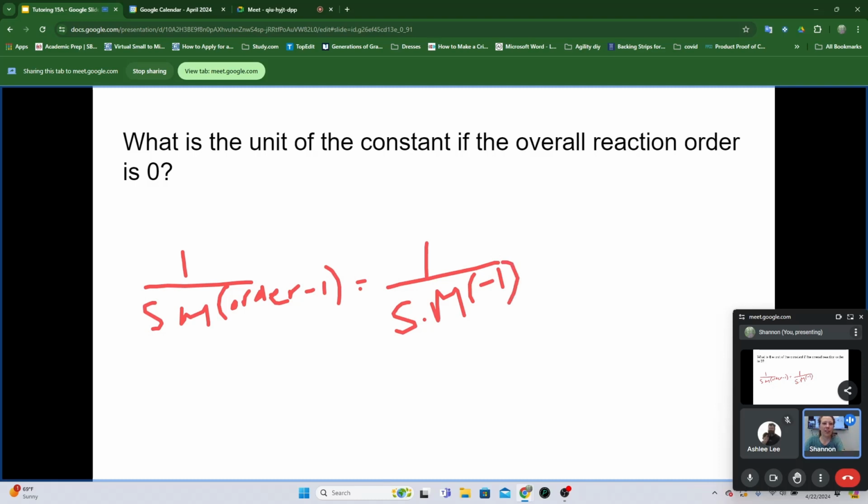Now technically, how you rewrite that: when something is to the negative power and it's in the denominator, you switch sides. It moves to the numerator. If something is to the negative power in the denominator, it's actually to the positive power in the numerator. And so this would be another way to write that. If you want to keep it in the denominator, I'll understand what you mean, and you can do that. But technically, that's the better way to write it.